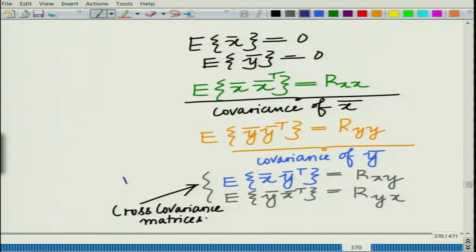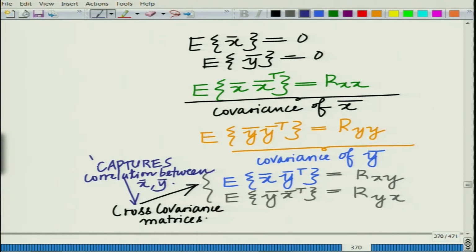So, the cross covariance basically captures the correlation between x bar and y bar, that is the interesting aspect.